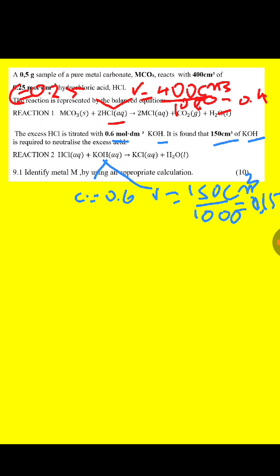Right. So for reaction number 1, the aim is to get the number of moles of HCl. So I'm going to say concentration is equal to number of moles divided by volume.